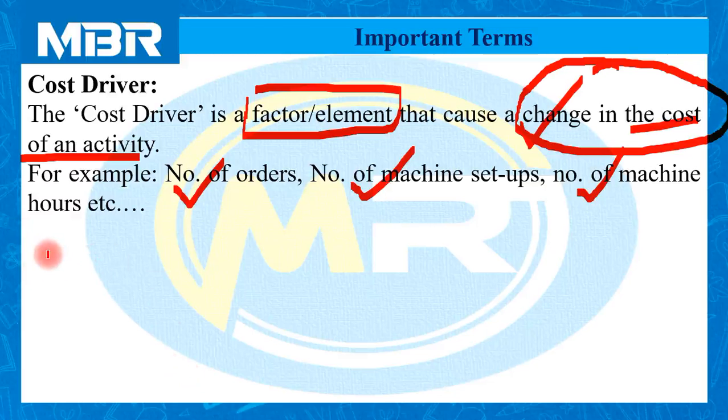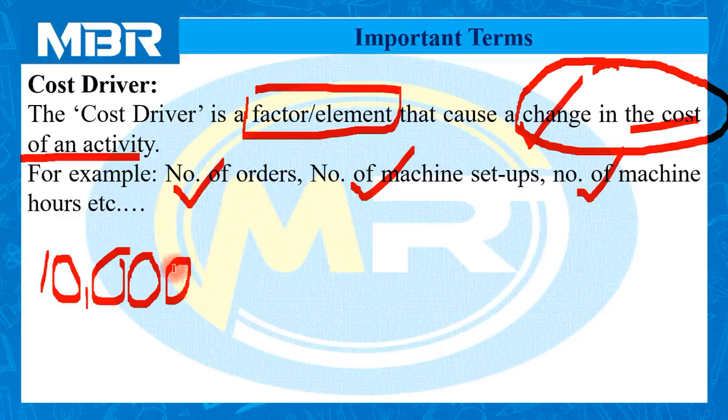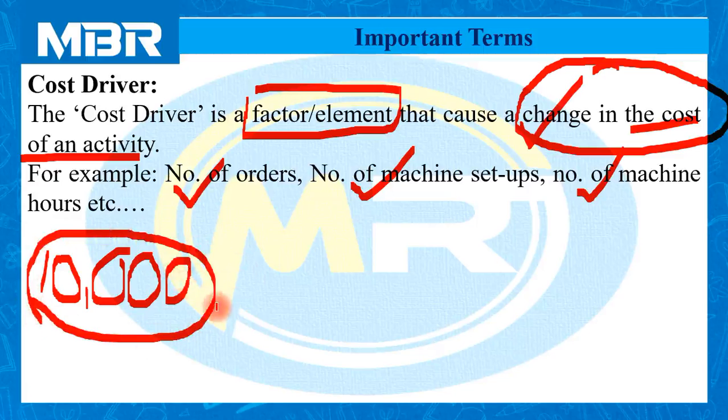Say for example, we have incurred 10,000 rupees on purchase related activities. So you can say these 10,000 is a cost pool, and the scientific base to distribute these 10,000 is the number of orders.